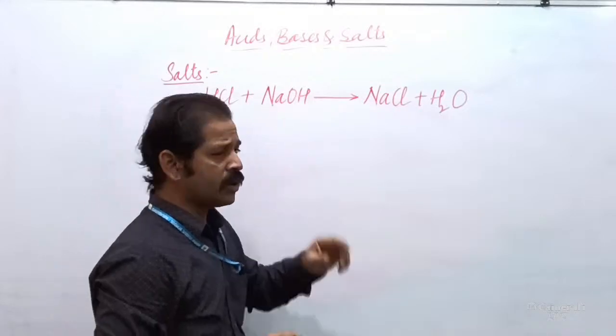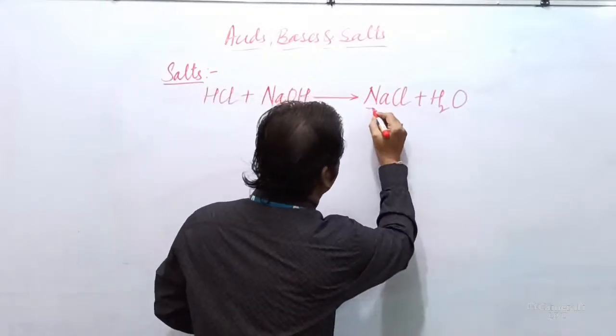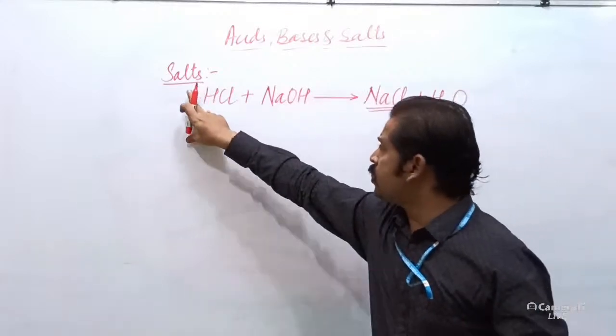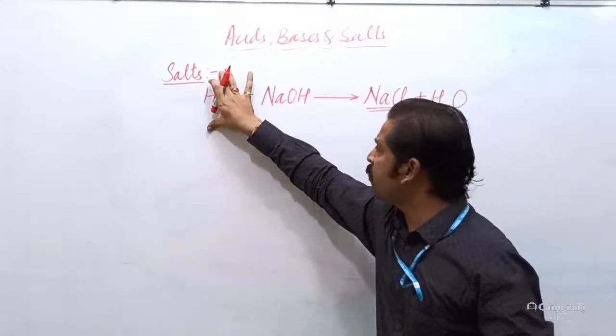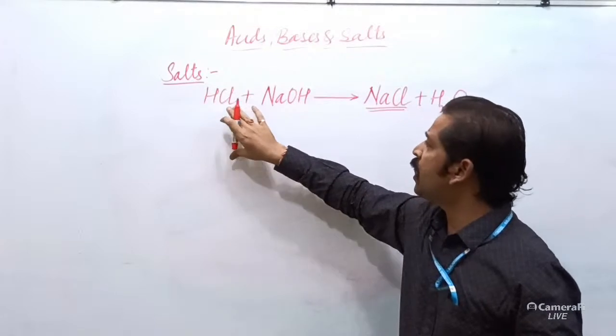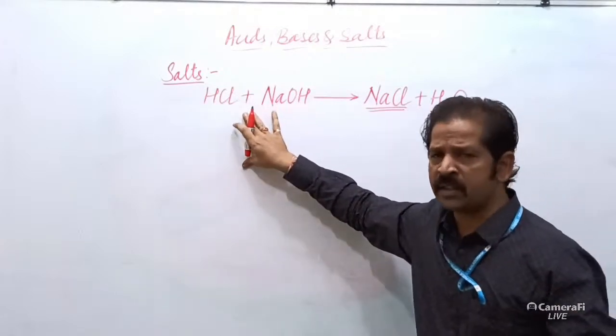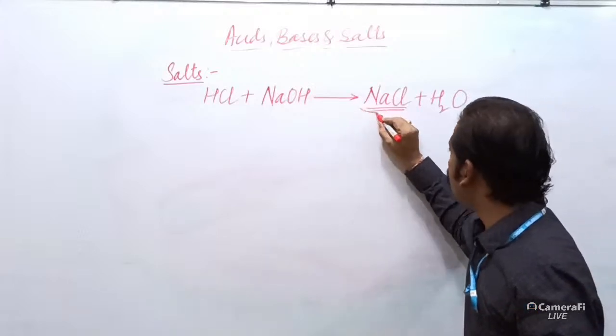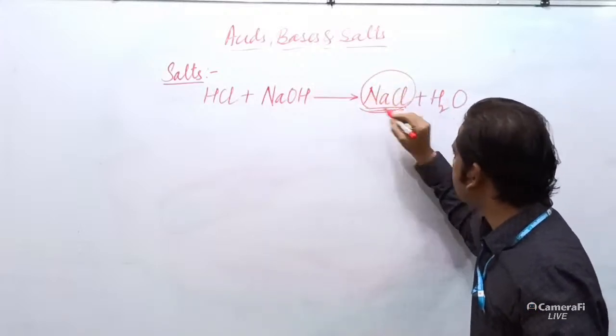Yes, sodium chloride is a salt. Salts are formed with the help of acids and bases. When they combine with each other, salt is formed. Yes, salts are most important.